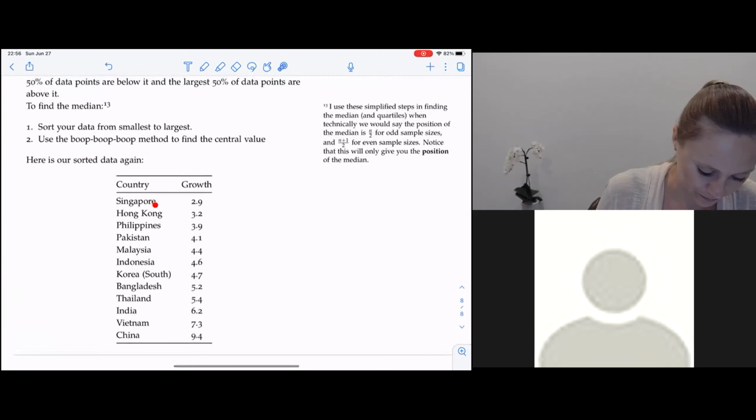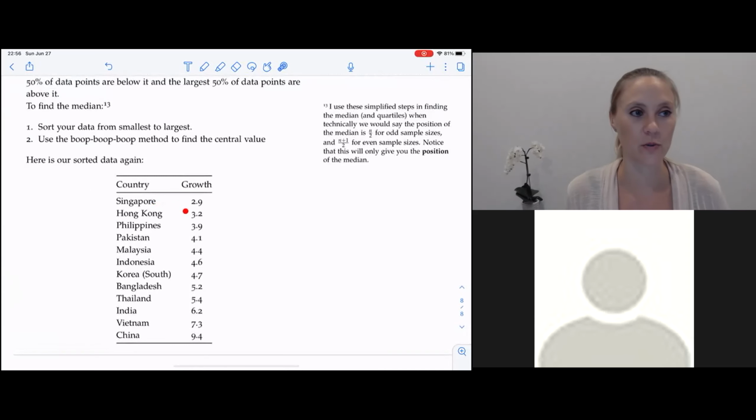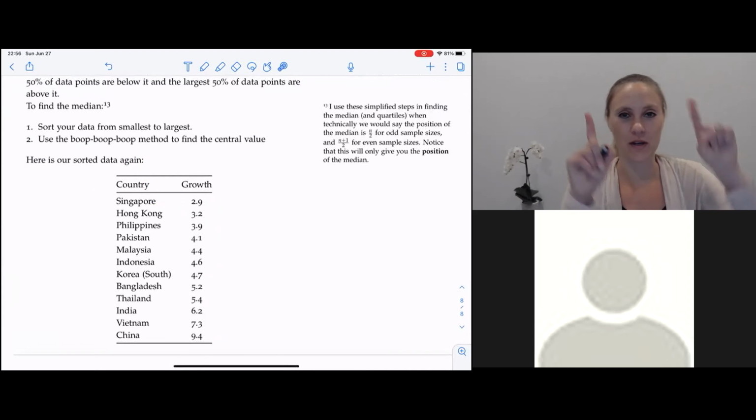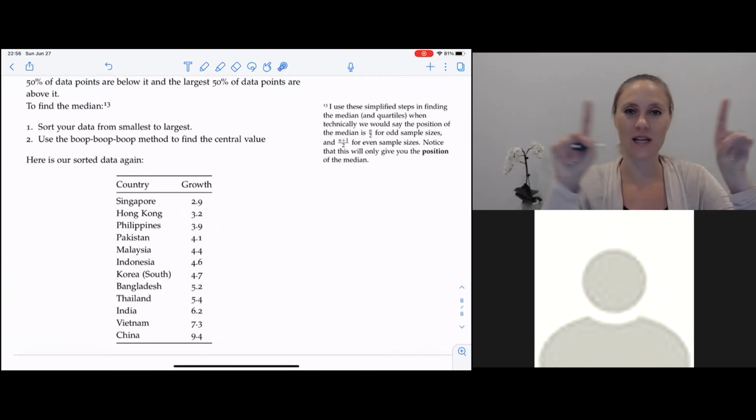So here's our sorted data. It was sorted for the stem and leaf plot, so that's why it says again. From smallest to largest, we've got these sorted. Usually we've got our data points on a lined piece of paper.